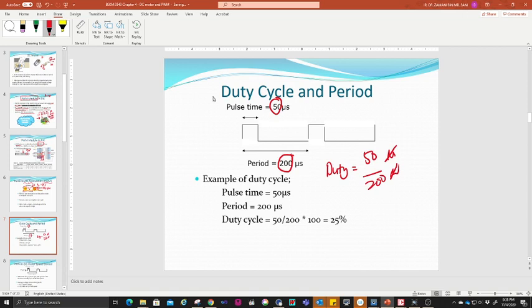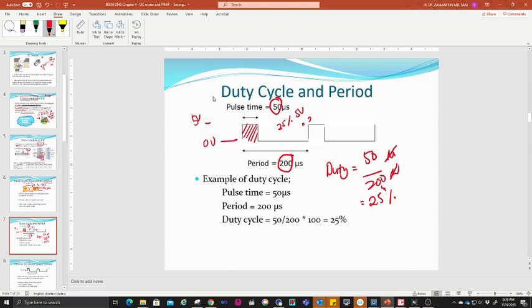Finally you can get 25% of the whole 5 volt. That means, for example, this is 0 volt and this is 5 volt. If you have only this one, it means only 25% of 5 volt, which is around 2, I think, is it 2.5 at 25%?